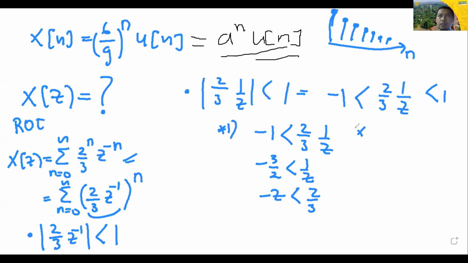Three, and for the second term, 2/3 over z less than 1. So in this time is 3 over 2, and this one become C.